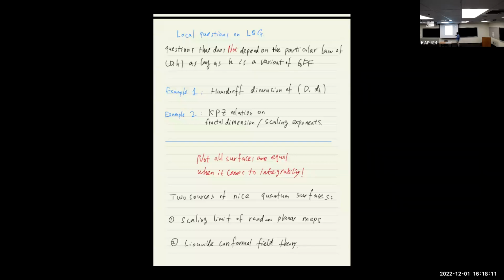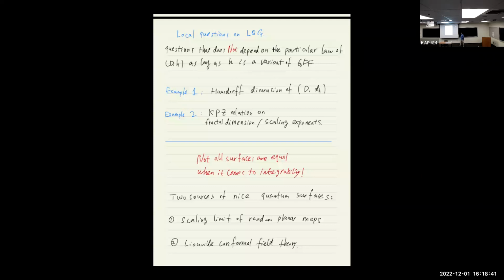And there are some others, this is something I don't want to explain, but basically whenever you see a dimension or exponent, this question is going to be a local question. On the other hand, in my talk, I will care about integrability, which is when can you compute certain formulas for certain observables. And if you want to compute a certain formula, the law of the field is really important.